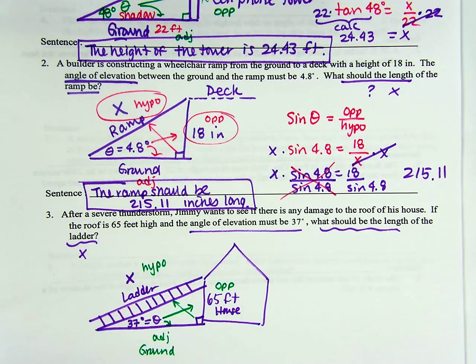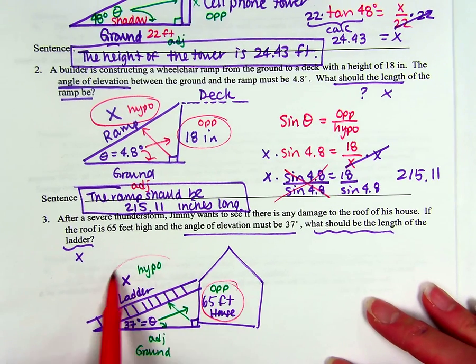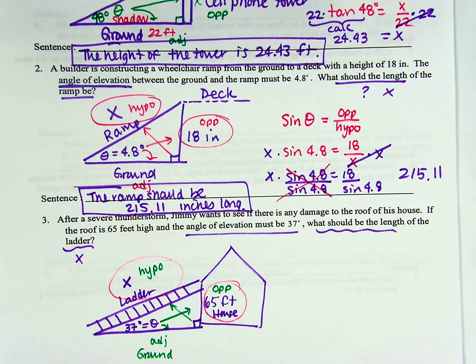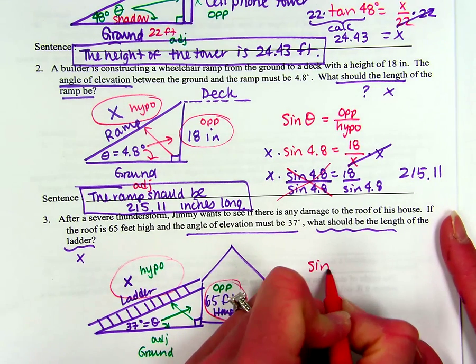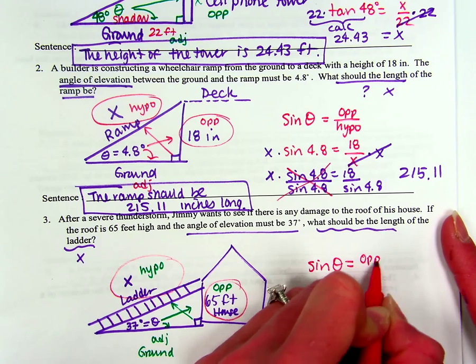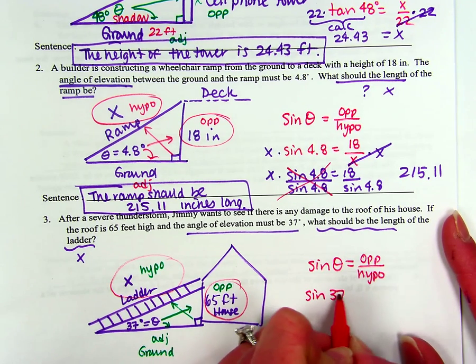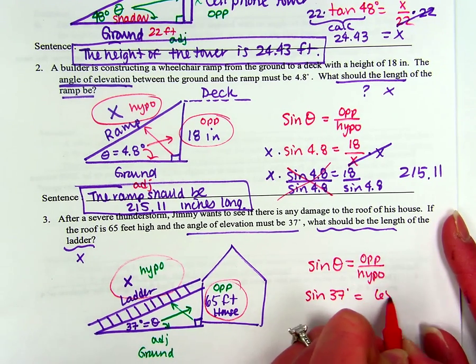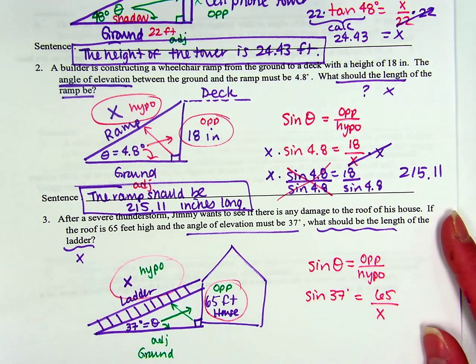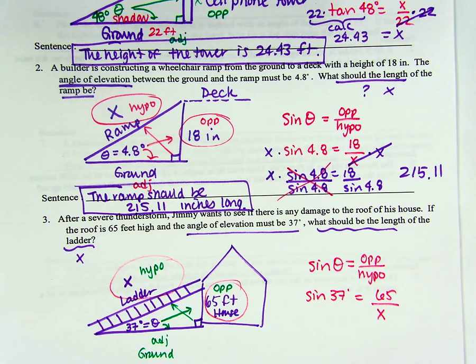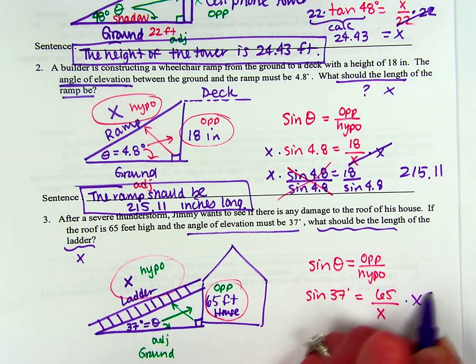All right, so let's look at the ones that have numbers and variables in it. So we've got 65, and we've got an x. All right, so again, you look at what has opposite and hypotenuse in it. So that's, again, sine. Sine equals opposite over hypotenuse. So you're going to fill in sine 37 degrees equals 65 over x. All right, and then this is exactly the same as the last problem, so I'm going to multiply both sides by x.